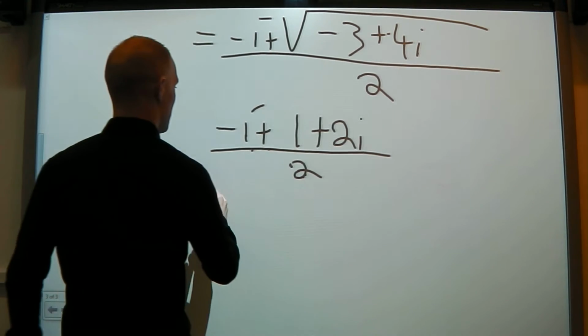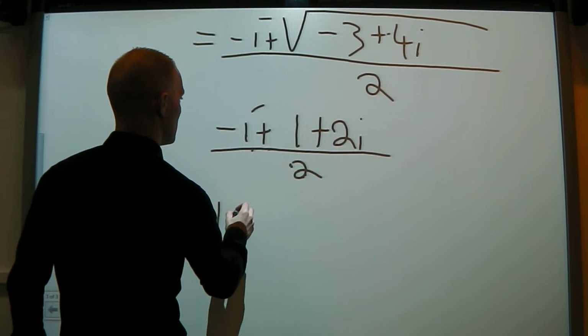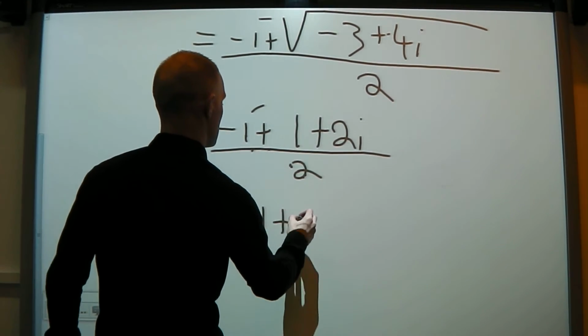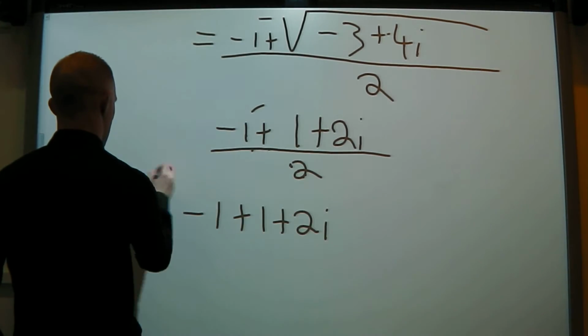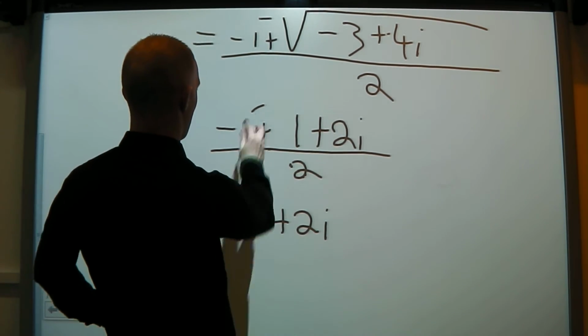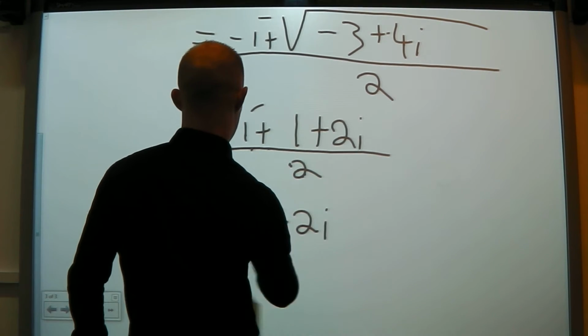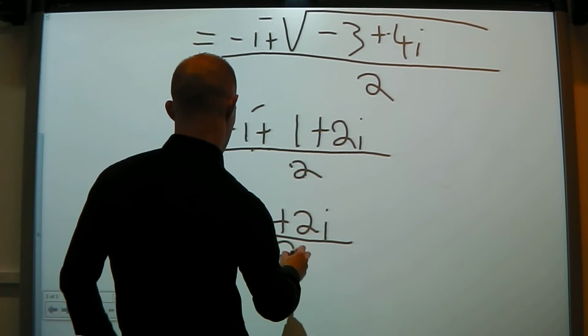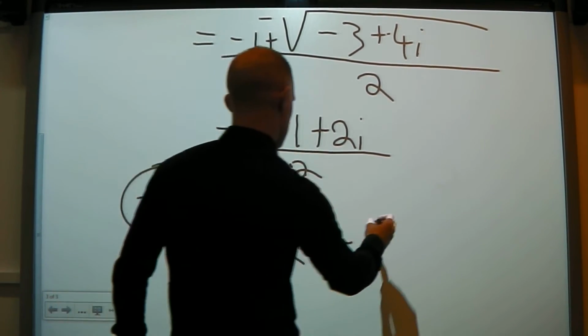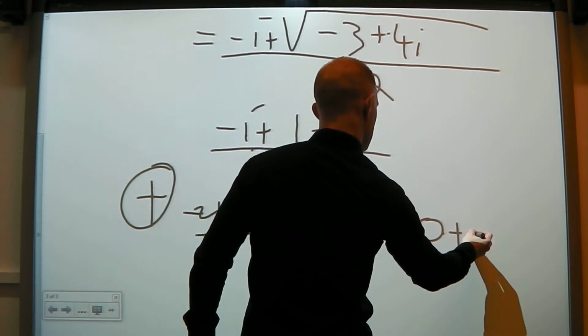So then we take the positive. That's minus 1 plus 1 plus 2i, which is plus 1. Minus 1 plus 1 is 0, plus 2i, all over 2, equals 0 plus i.